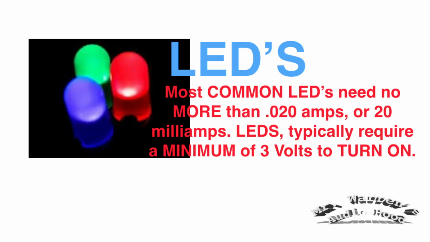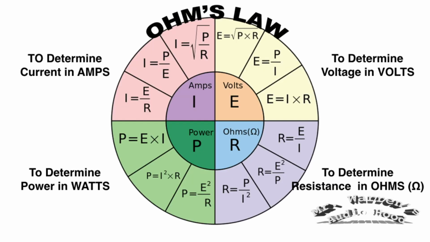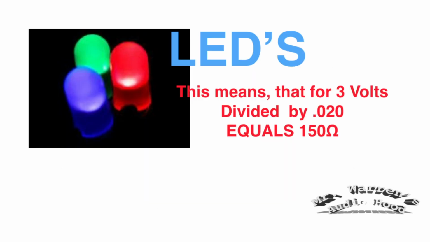So a typical LED itself will not turn on until it sees about 3 volts. So if we follow the law as such, 3 volts on the diagram divided by 0.020 amps or 20 milliamps works out to 150 ohms.